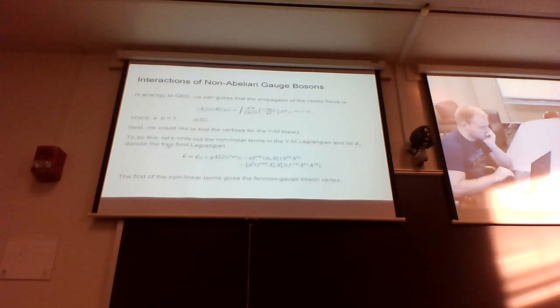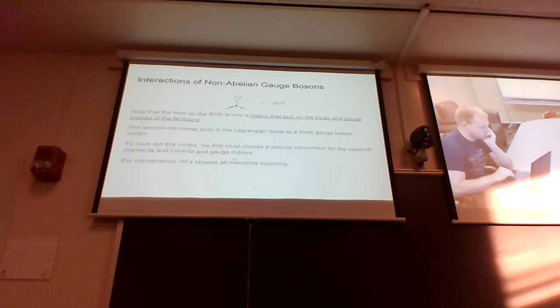That's the only complication there. So you can almost straightforwardly write down the interaction between this non-abelian gauge boson and our fermions. It looks a lot like QED except with the introduction of this matrix. So that's a good thing.